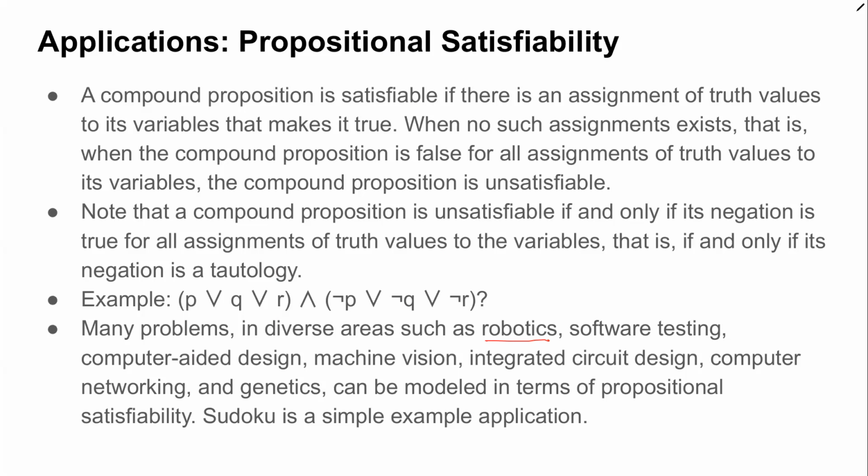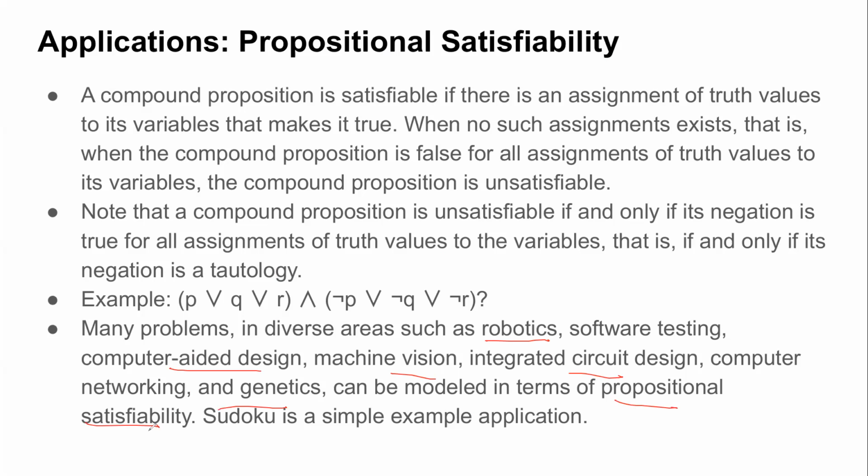So robotics, software testing, CAD, machine vision, integrated circuit design, genetics, all of them widely use this concept of propositional satisfiability, wherein you try to check for an assignment of values to the variables which makes this condition true.